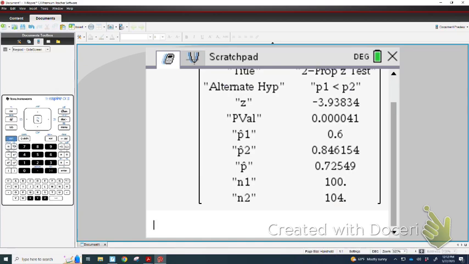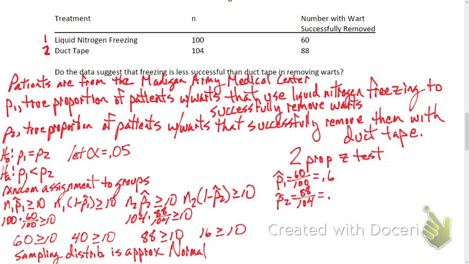It gives us all the stats we need. P2 was 0.8462. PC is the p hat, and that one is 0.7255. Z was negative 3.9383.